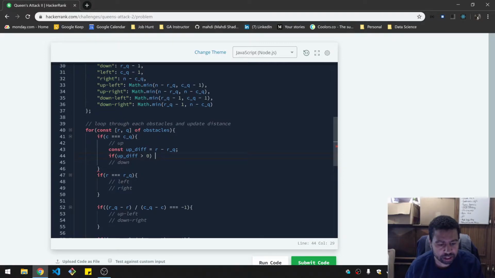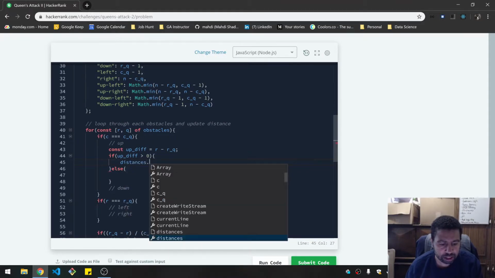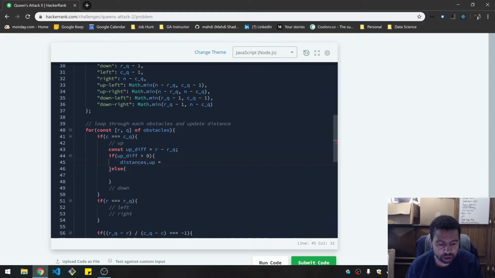So I'll say, and then this is going to be like an else situation. And I can say distances dot up is equal to math.min of those two. So the reason I say .min is because you might have an obstacle in the same column, and one might be further than the other, in which case you want the minimum of those two.